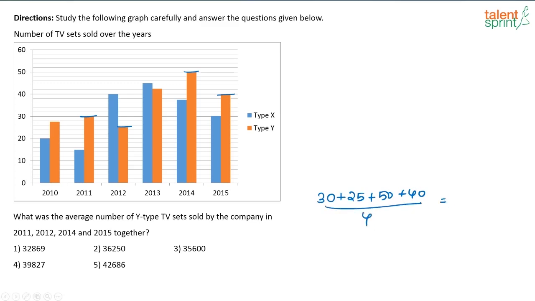So this is nothing but 75 plus 70, correct? So 145 divided by 4. What is 145 divided by 4? 36.25. Now here everything is given in terms of thousands, I guess. So 36250. Option 2 will be the answer. They have not mentioned it in the question, I think, but it should be in terms of thousands, right? 36.25, the only option that matches this, 36250.